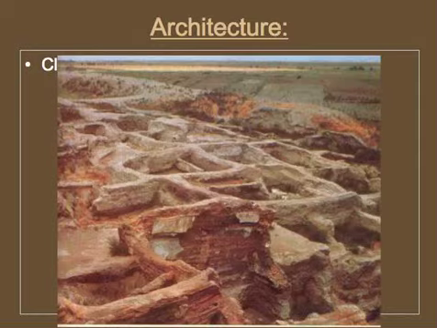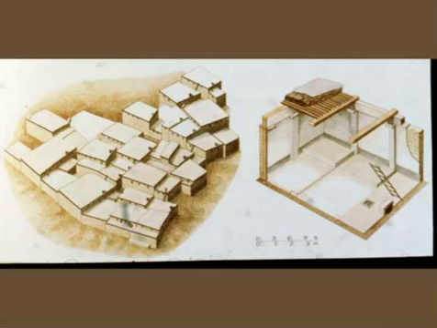Okay, this is what the architecture looks like as the main excavator in the 60s excavated the site, right? And what you'll notice is when you look at the houses, they're built right next to each other, and you actually have very few roads or streets. Very, very few roads or streets. They're really abutting each other, glommed onto each other, and there's a couple theories as to why it was built this way.